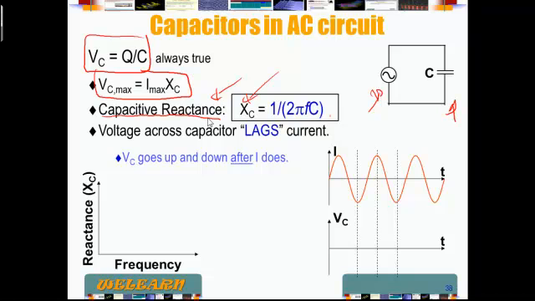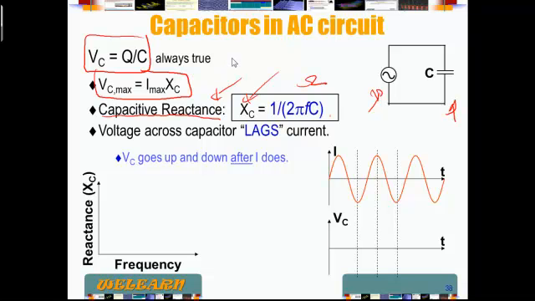This capacitive reactance is going to have the units of ohms, the units of volts over amps, that's the unit of ohms. And essentially, for the max values, it's going to behave very similar to resistance.